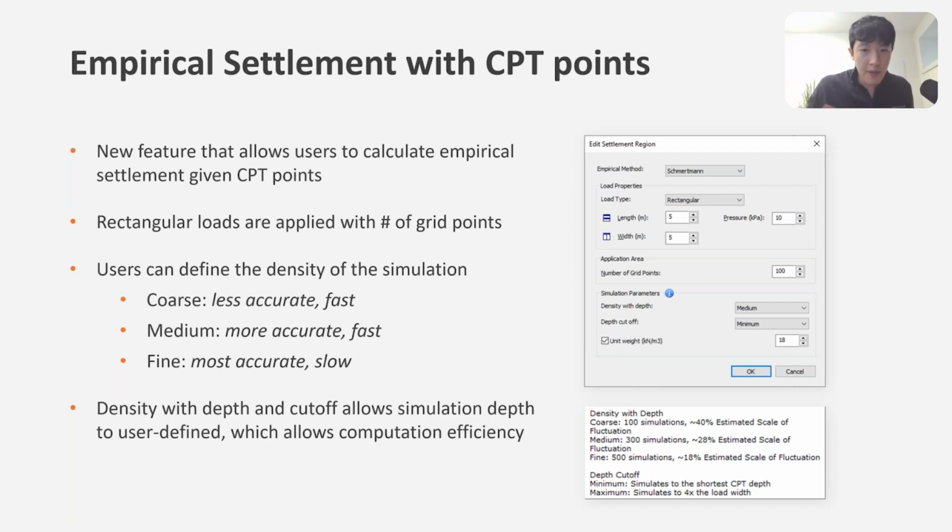The density depth is also defined in this one as well, but you will notice that there is a unit weight option added on, which means that if you would like to have variable unit weight along the depth of the soil profile, you can unselect this. Of course, this will come at the cost of computation, but at the same time, it will give you a bit more accurate results when analyzing empirical settlement for each of these grid points.